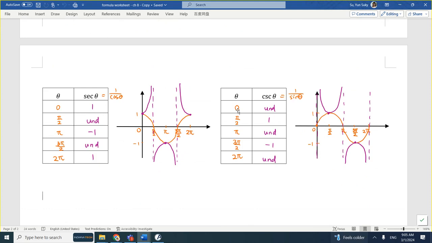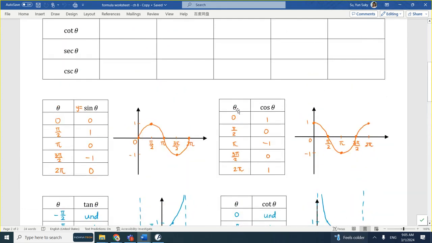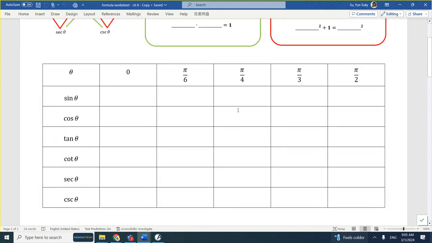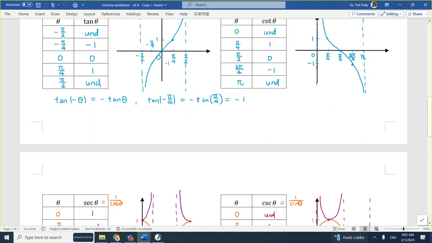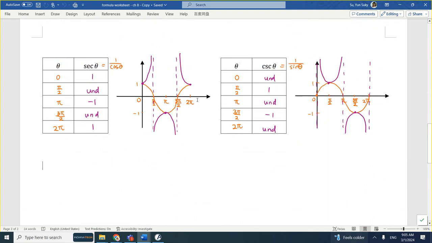So that's why you can find the y values. Next class, Monday, I will print out these sheets and you're going to fill those out. So also fill out these values. You're going to be familiar with these common angle values all the time. Okay, so let's continue.